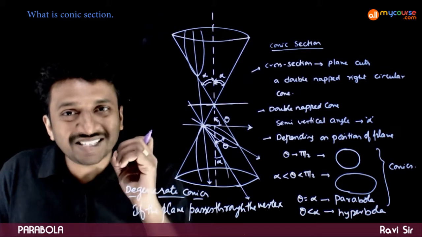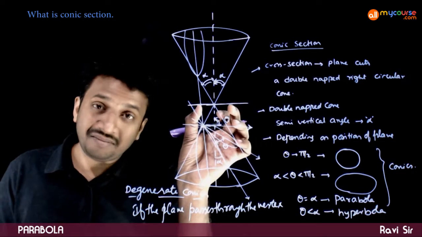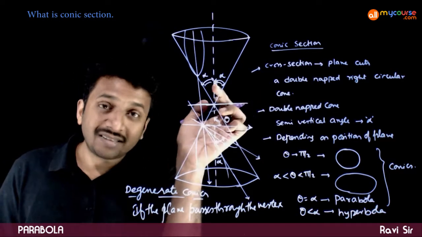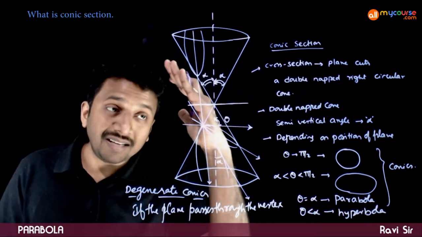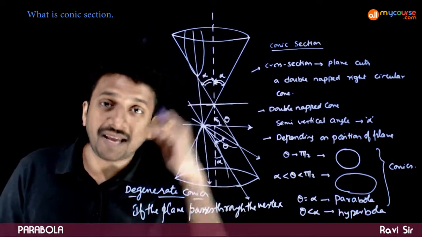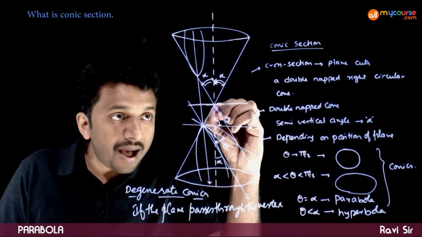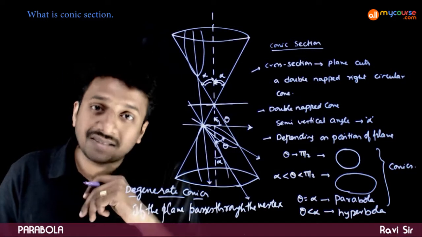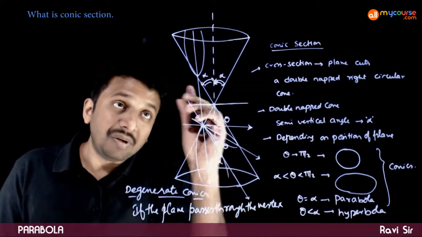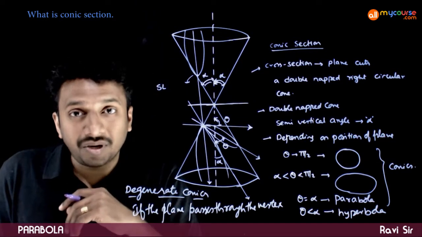A point is a degenerate conic. As long as the angle is between 90 and alpha, you go on getting the point. Once the angle is equal to alpha, if this parallel plane passes through the vertex, obviously you get a straight line as the conic section. So a straight line is also a degenerate conic.